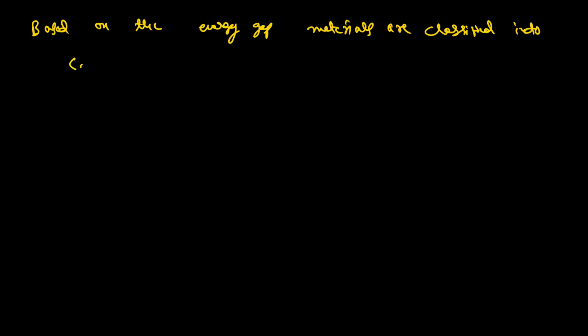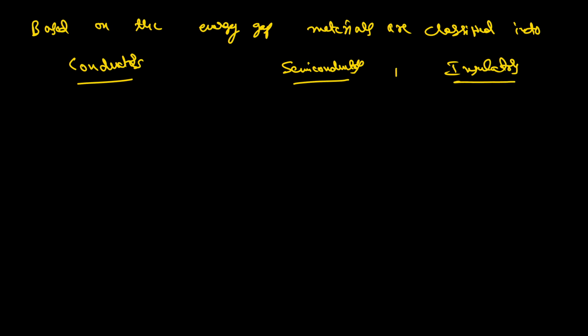Materials are classified into conductors, semiconductors, and insulators. This classification we can write based on the energy gap or based on the number of valence electrons also.